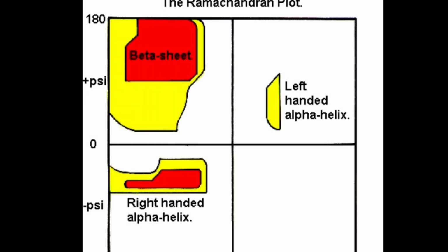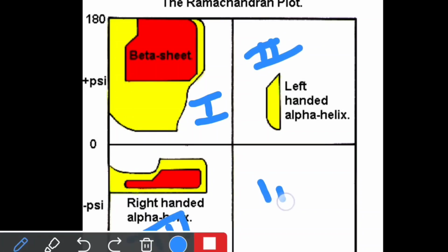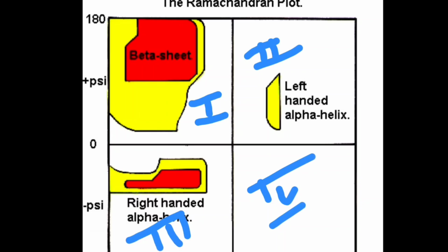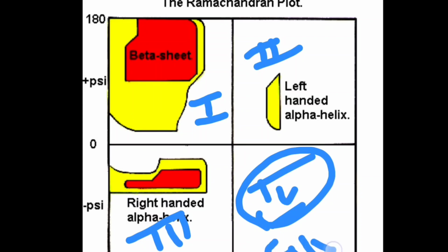This will be quadrant number 1, this quadrant number 2, this quadrant number 3, and this quadrant number 4. The fourth region is the white region, which is disallowed for the amino acids except glycine. Except for glycine, all other amino acids are prohibited here.